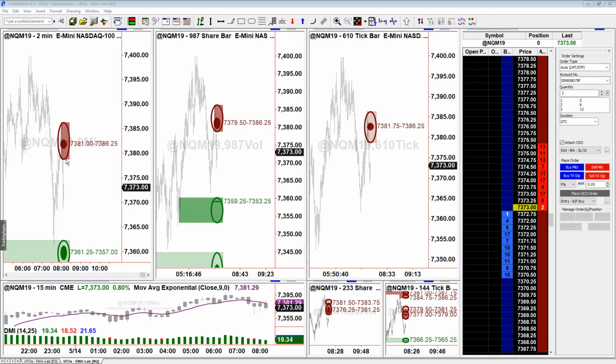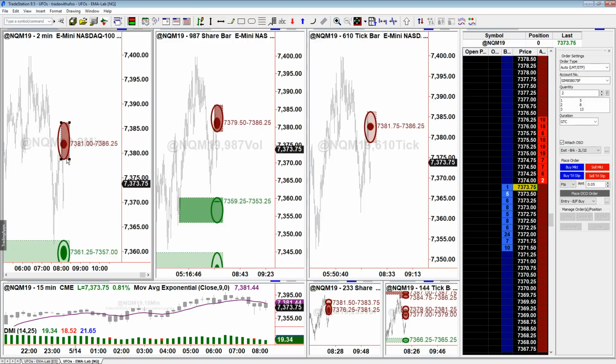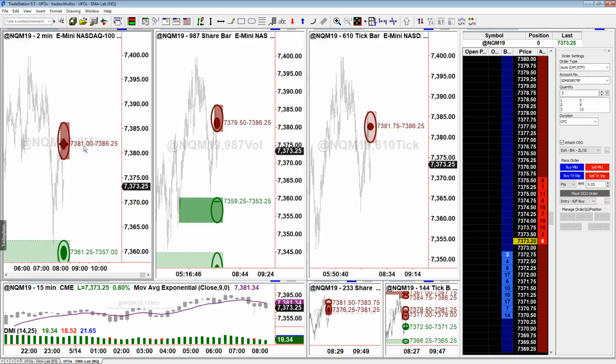Also I want to look at the other UFOs, and this may help me identify that. So the bottom part of this UFO, and I know I'm speaking a little fast here because we don't want to miss the trade, is 78.75. If you look at the inner one, it's 81. We can see it here.